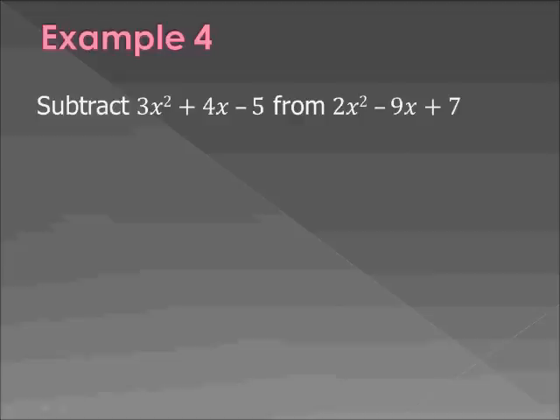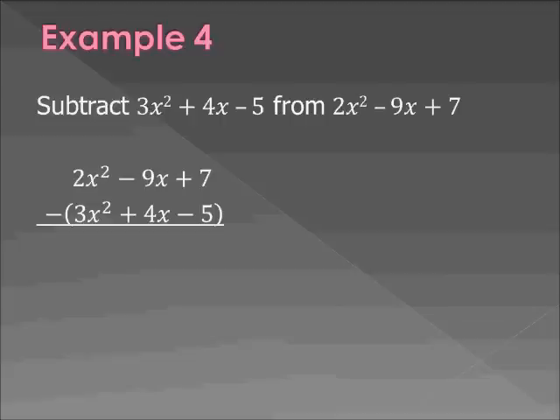Finally, we have example 4. Subtract 3x squared plus 4x minus 5 from 2x squared minus 9x plus 7. Alright, so you can line them up this way. Remember, when you're subtracting a from b, you're basically doing b minus a. So, we're taking 2x squared minus 9x plus 7 minus the quantity 3x squared plus 4x minus 5.